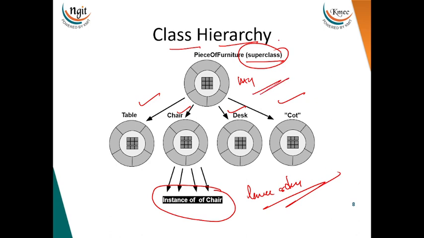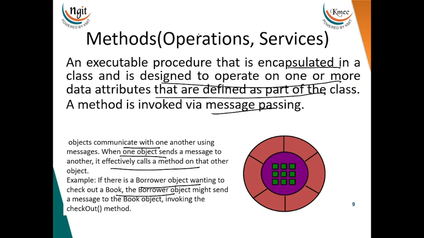Now let's move on to the next point. Methods, or operations, performed on our class: the executable procedure that is encapsulated in a class and designed to operate on it. We call it an operation, method, or message service. Objects communicate with one another using messages. When one object sends a message to another, it effectively calls that method.